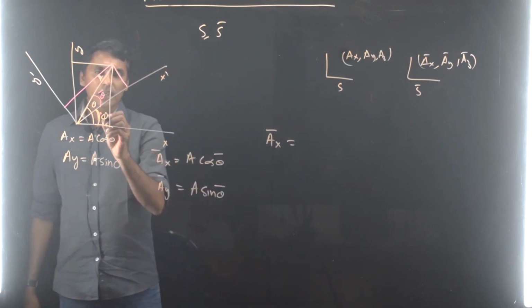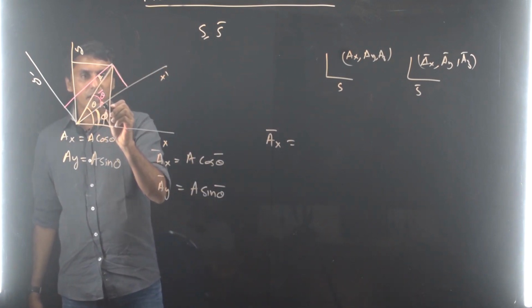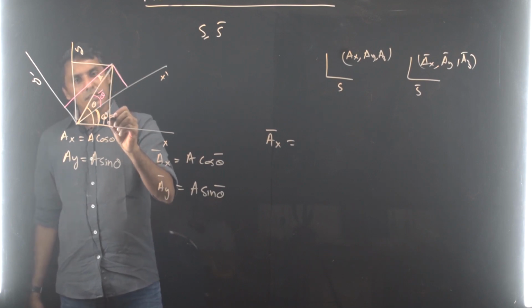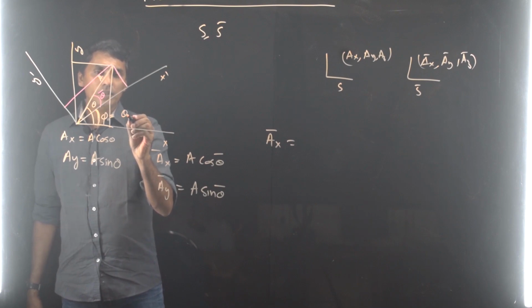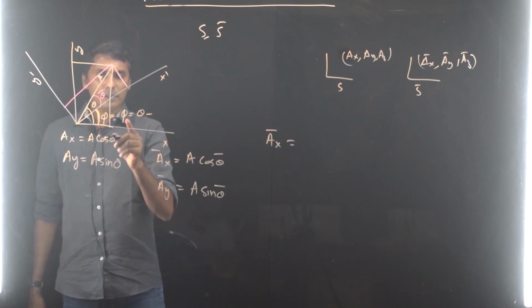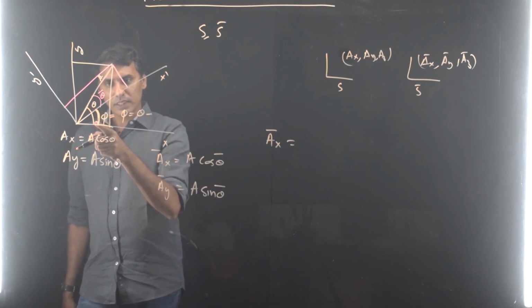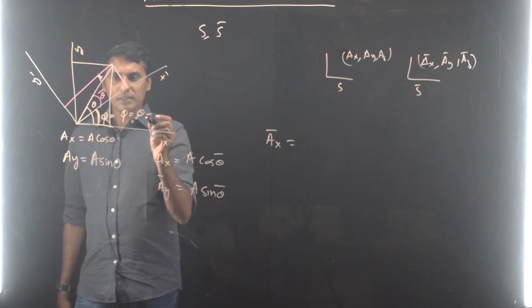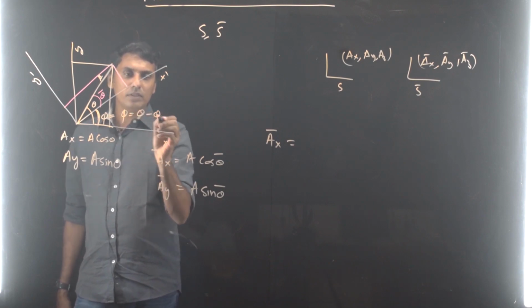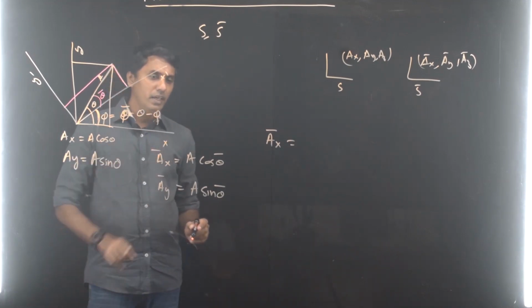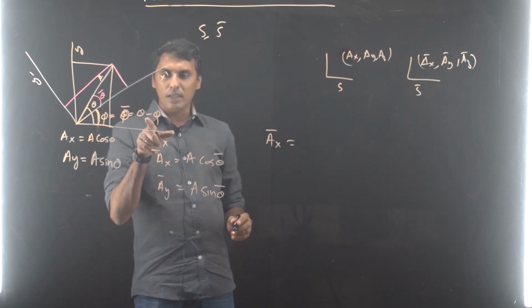Now you can see that this is theta and this angle is phi, so the angle theta minus phi will be equal to your theta bar. Your theta bar is equal to theta minus phi. So instead of theta bar, I can substitute theta minus phi.